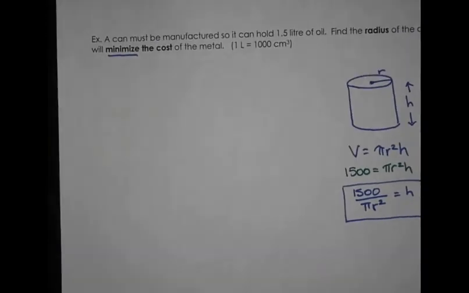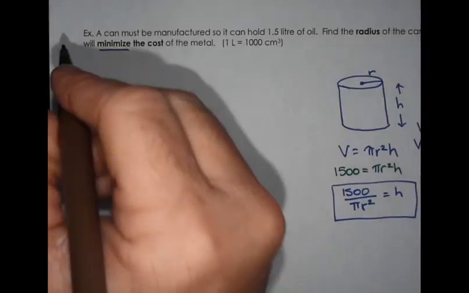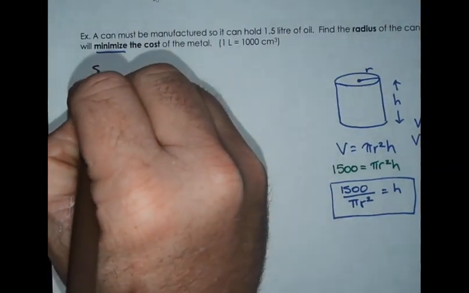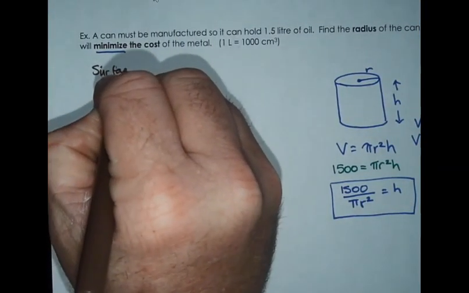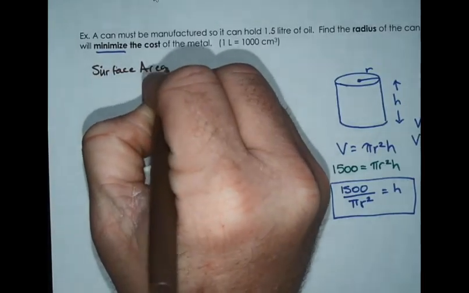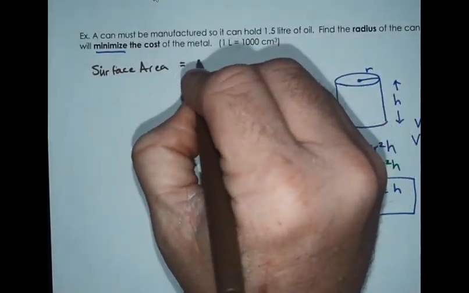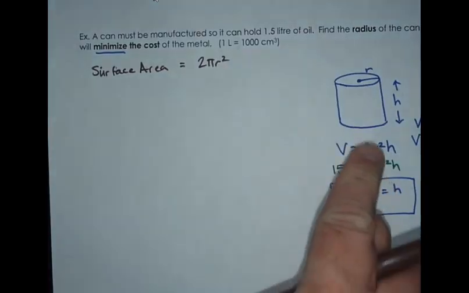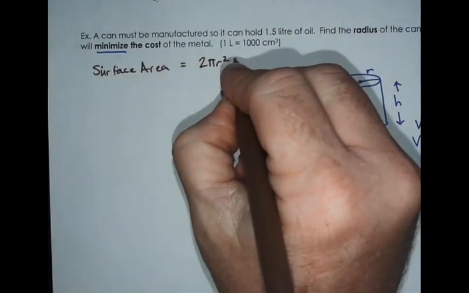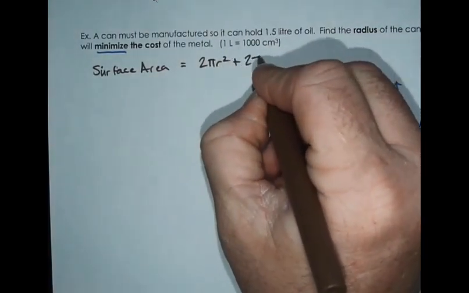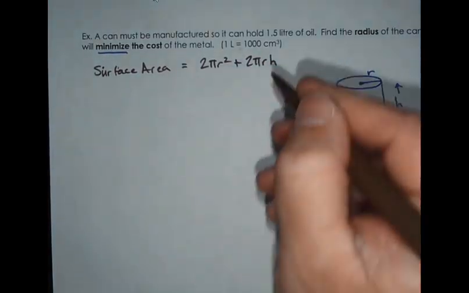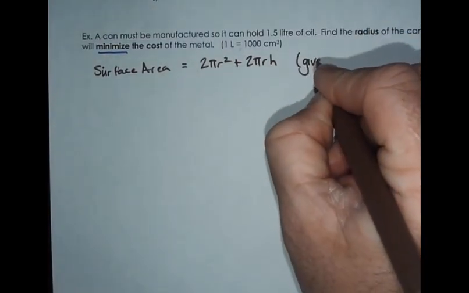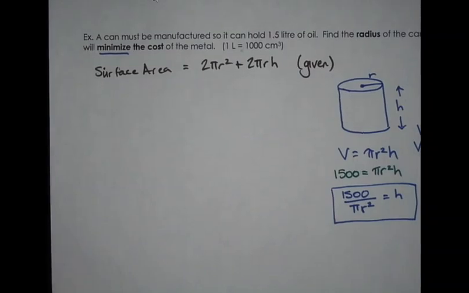So we know that the surface area of a can is 2 pi r squared, the two circles on the end, plus 2 pi r h. That's given.